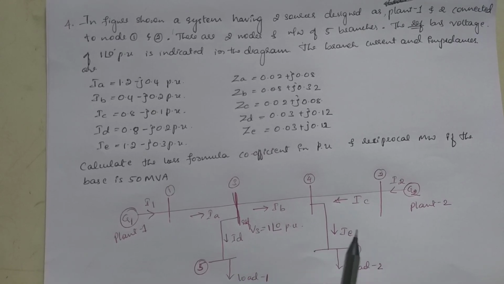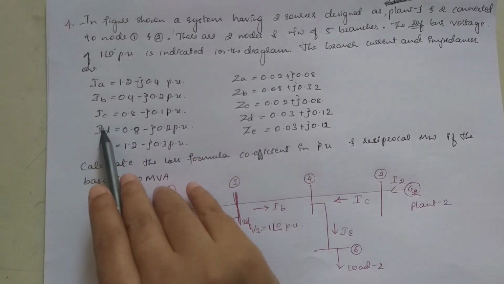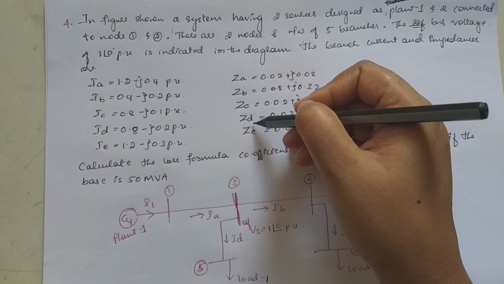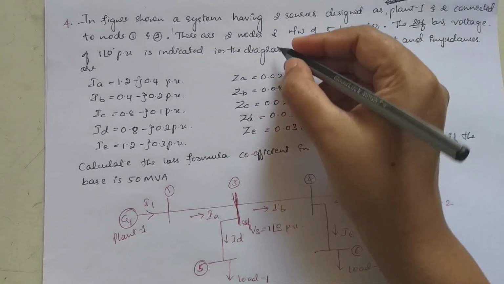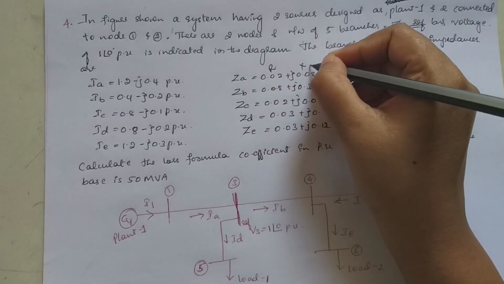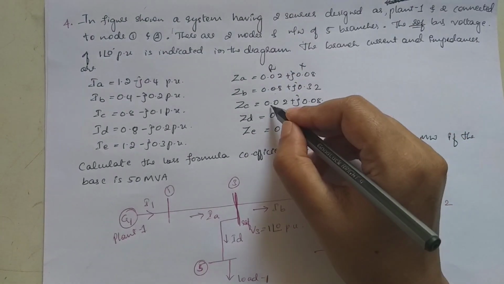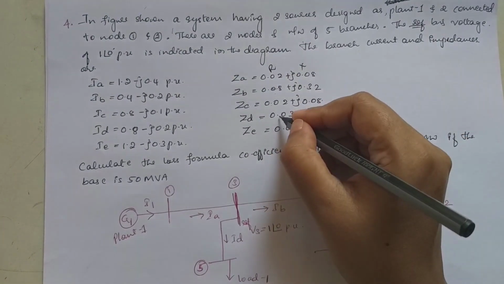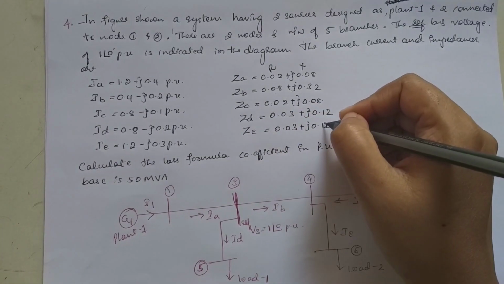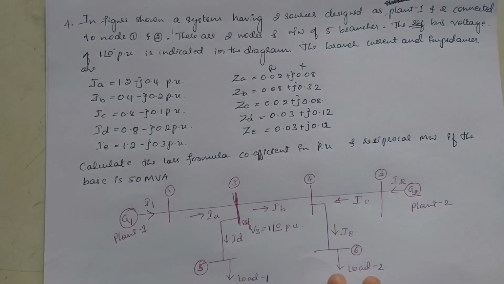The branch currents and impedances are given: IA, IB, IC, ID, IE, ZA, ZB, ZC, ZD, ZE. Here this is R, this is X. So this is RA, XA, RB, XB, RC, XC, RD, XD, RE, XE. So this is the problem given.